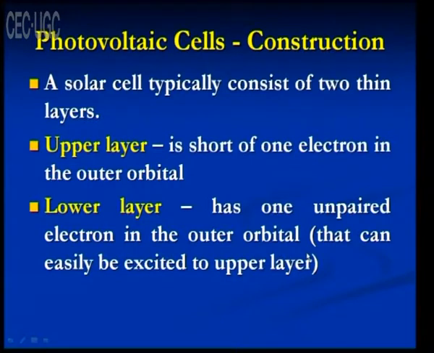These electrons available in the outermost orbit of the atoms in the lower layer can be easily excited to go into the upper layer. So, the upper layer is deficient of 1 electron and the lower layer has 1 excess electron per atom. Hence, when energy falls on this lower layer, the unpaired electron has the capacity to get transferred from the lower layer to the upper layer.